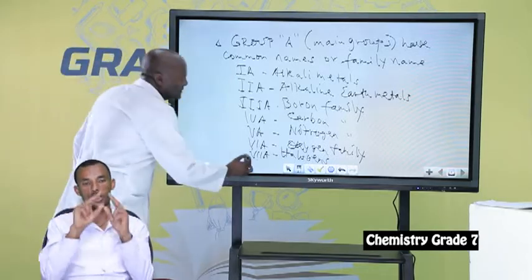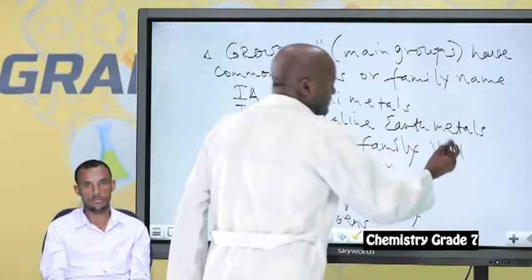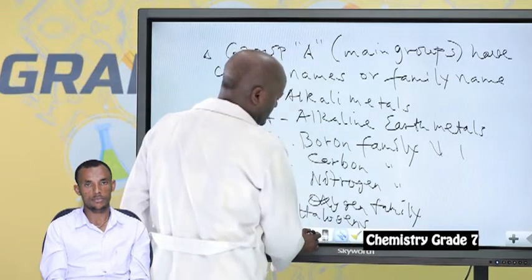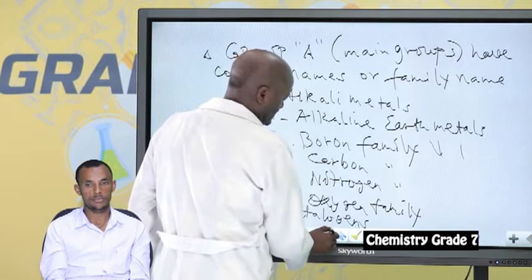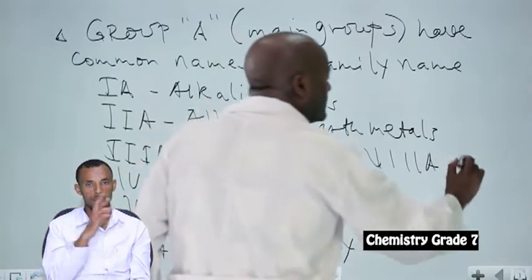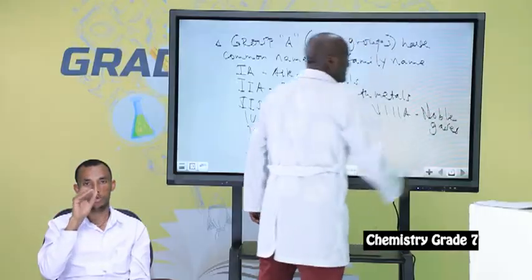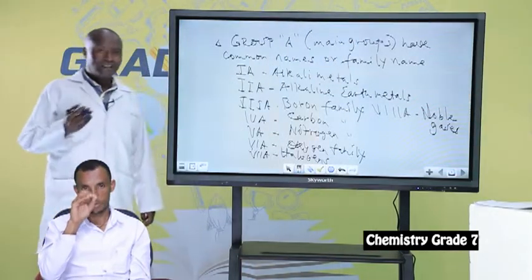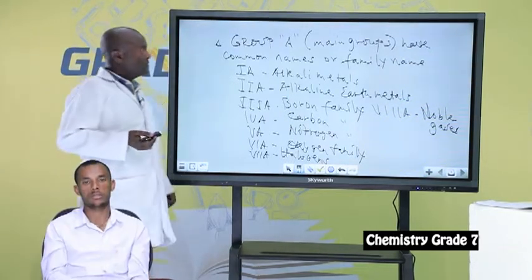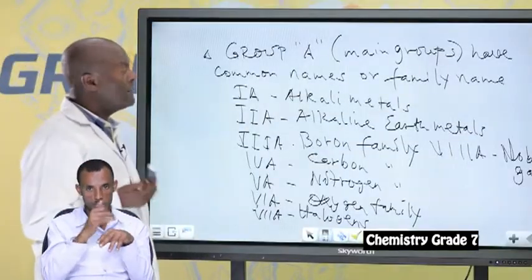Group 8 are the noble gases, also called inactive gases or inert gases. So group A or main group elements have common names or family names.